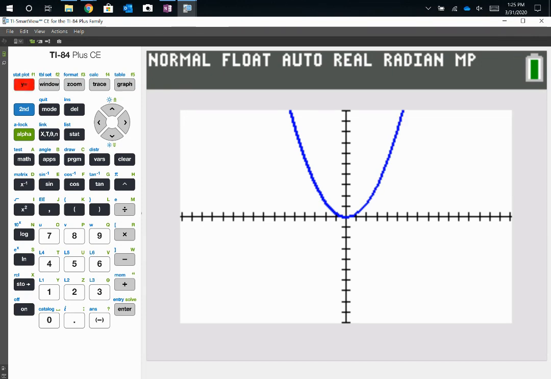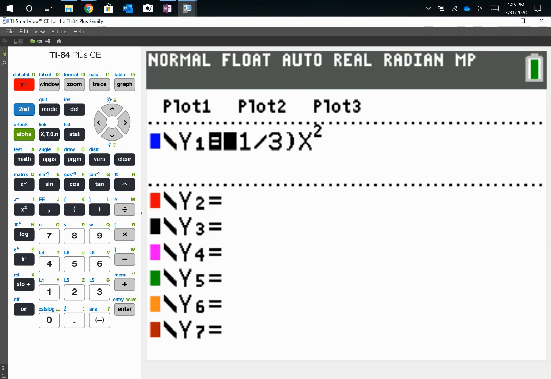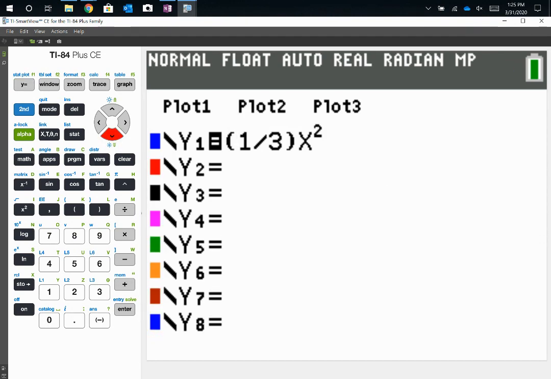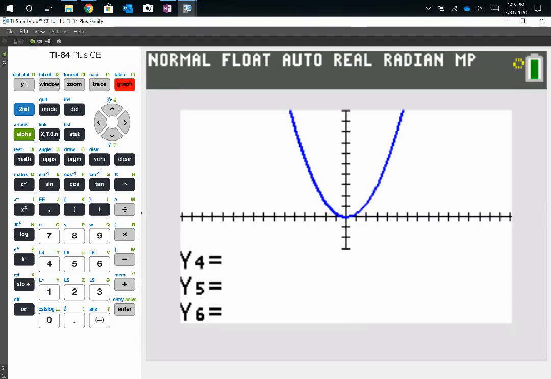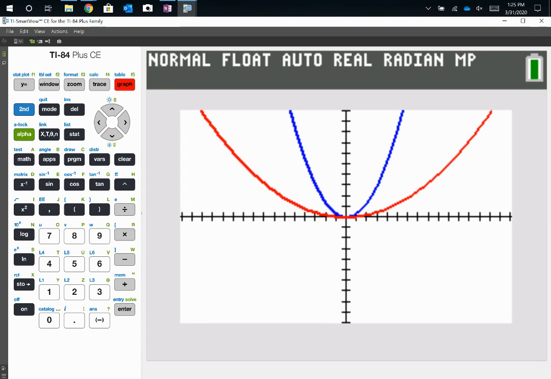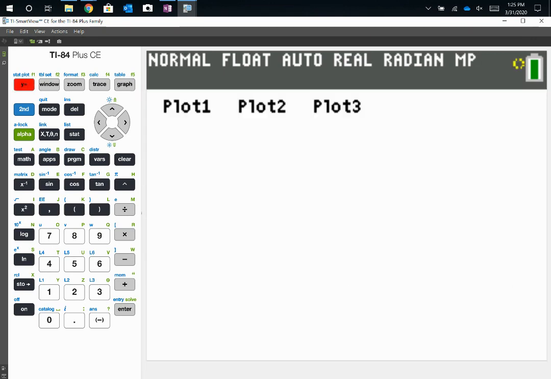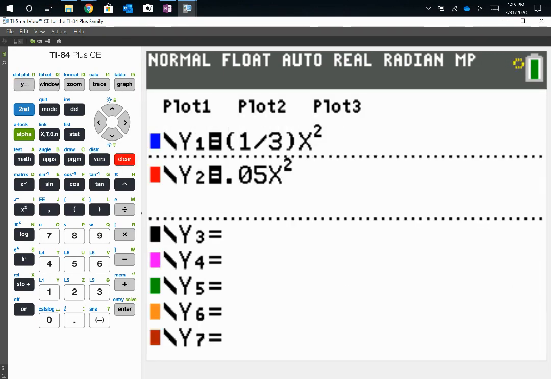And if I were to decrease that decimal to something even smaller, 0.05 x squared, the graph would become even flatter. So it has the effect of flattening the graph, compressing it. Okay?